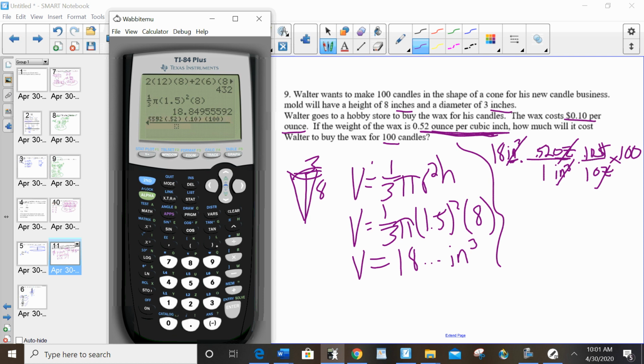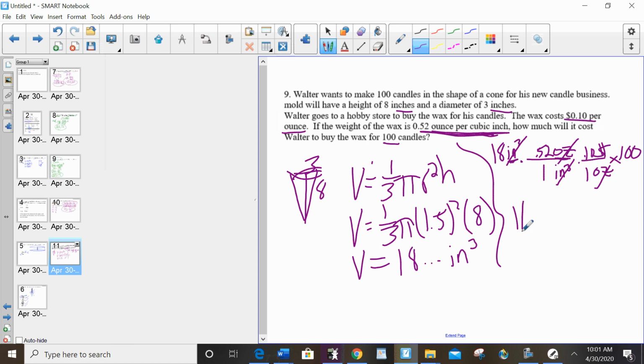On the bottom, I have nothing, which is just 1. I get 98.017. With cost, we always want to round to the nearest cent. 98.02 is your answer. And again, it's 18 ... not 18. And that's it.